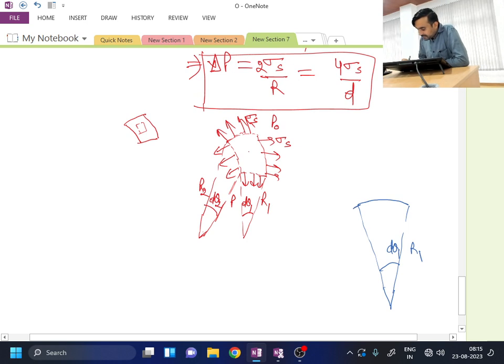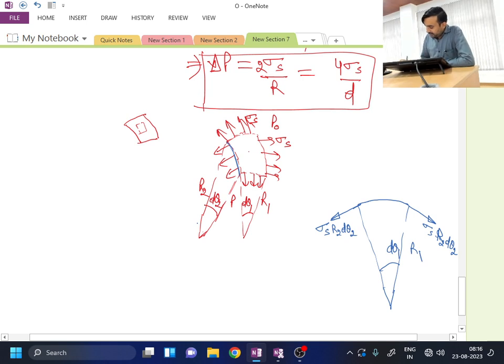At this curvature, the magnitude of the surface tension force: this is sigma s, and for this plane, if r2 is the radius, then this length will be r2 into d theta 2. So the magnitude of this surface tension force is sigma s into r2 d theta 2. Is this point clear?